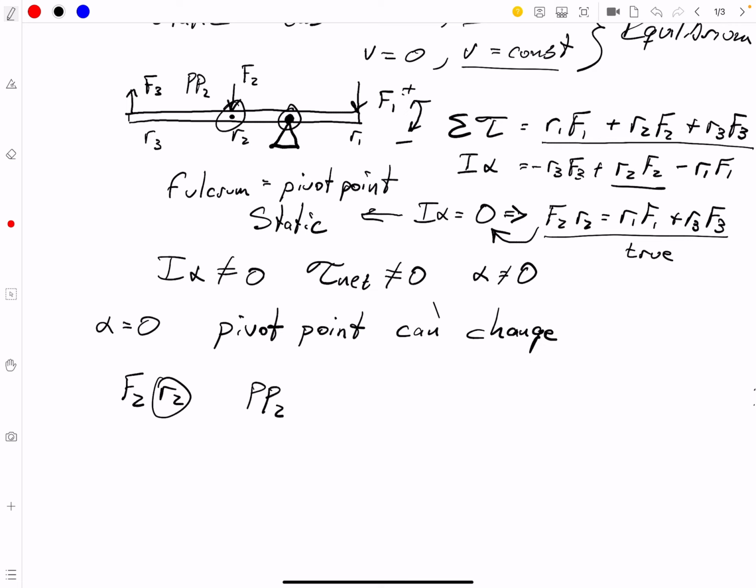So if we move about pivot point 2, then we just need to know the difference between R3 and R2. And we can then do our sum of the torques is equal to F3R3, where this is R32, the difference between R3 and R2, that's negative, and we're going to make F1 also negative.